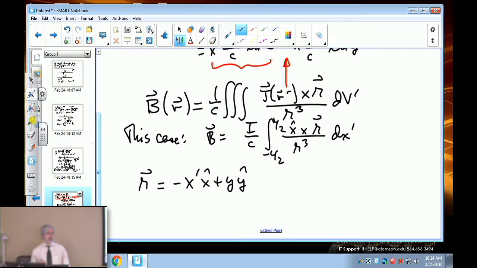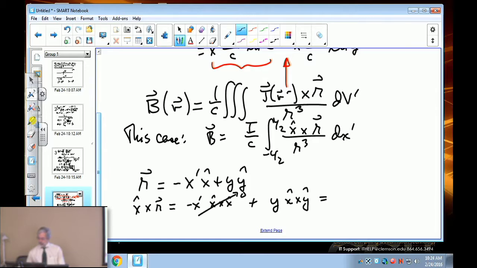Okay, so you could do that integral, which actually turns out to be an easy integral to do. And you can see when you take the cross product, x hat with script R, the part of script R along the x hat direction vanishes when you take the cross product, right? We have negative x prime x hat cross x hat, but that gives 0. Plus then y times x hat cross y hat, and that's z hat. So this is equal to y times z hat.